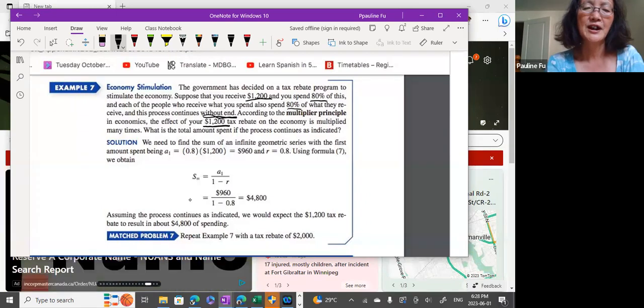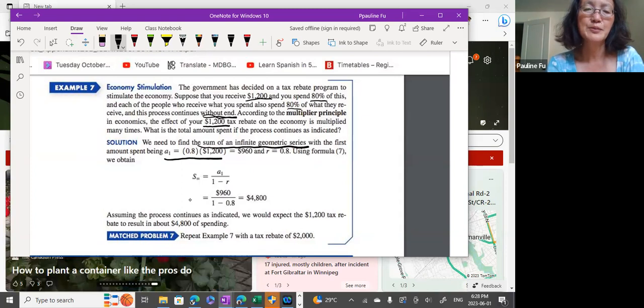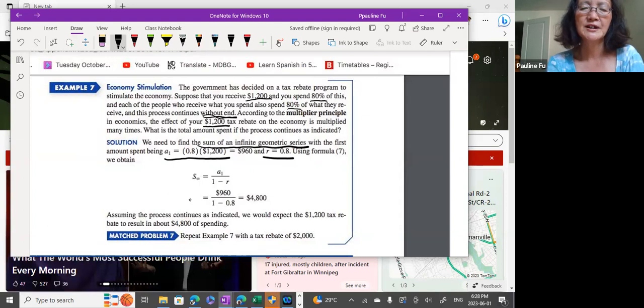So this question asks you to find the sum of an infinite geometric series with the first item being 80% of 1,200. The common ratio is 80% because each person who gets the money will spend 80%.